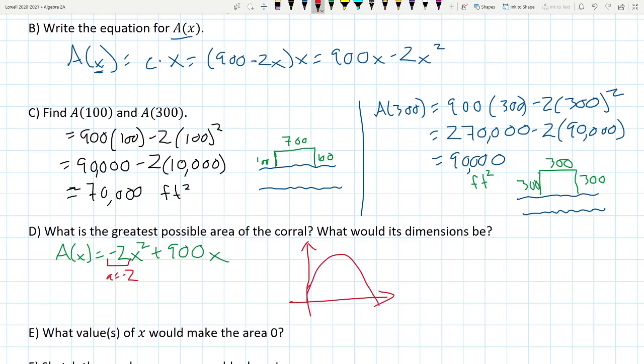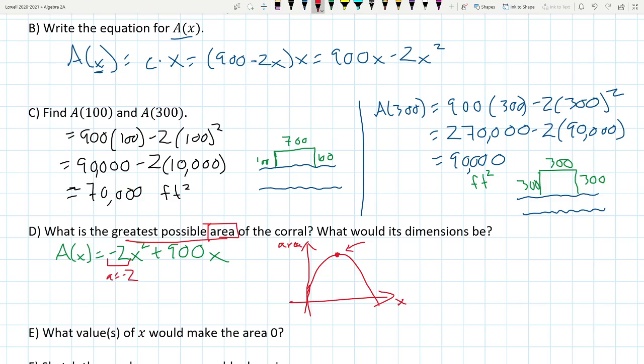So the question is, where would be the greatest possible area? Again, the greatest possible area is the dependent variable here, and x is the length of that one side. The maximum possible area is going to happen at the vertex, the very top of that parabola.